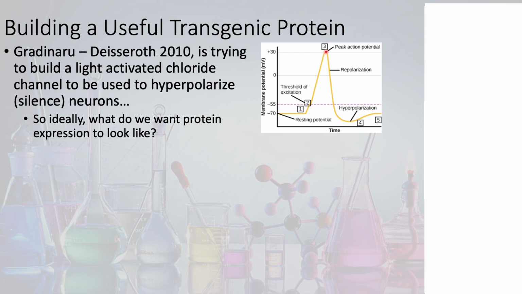Once your neuron has reached this point, another type of voltage sensitive ion channel opens, potassium in this case. So potassium sensitive ion channels open and potassium will flood out of the cell, right? So now we have a lot of positive things leaving the cell, causing our neuron to become very, very negative again, right?